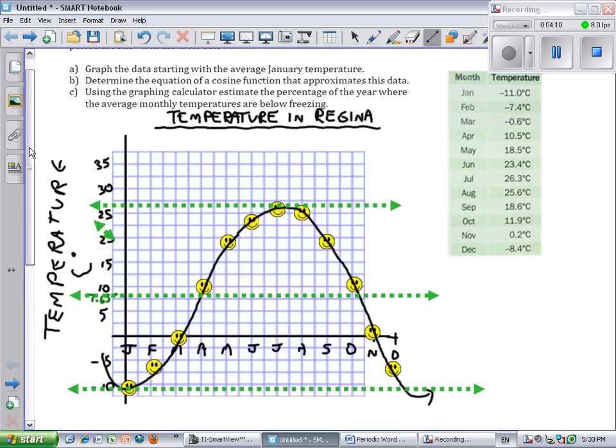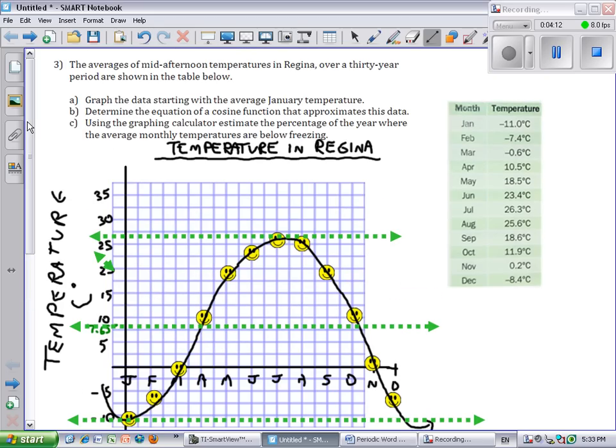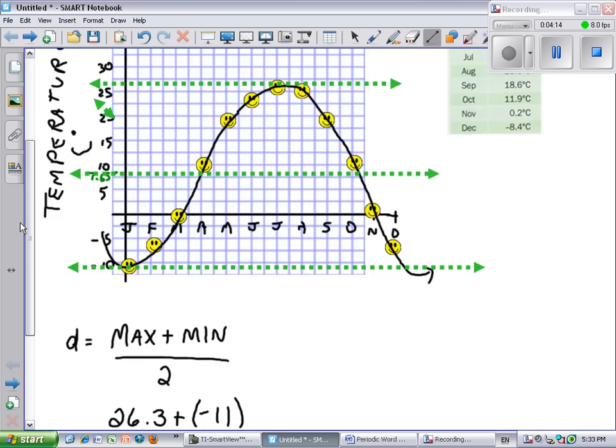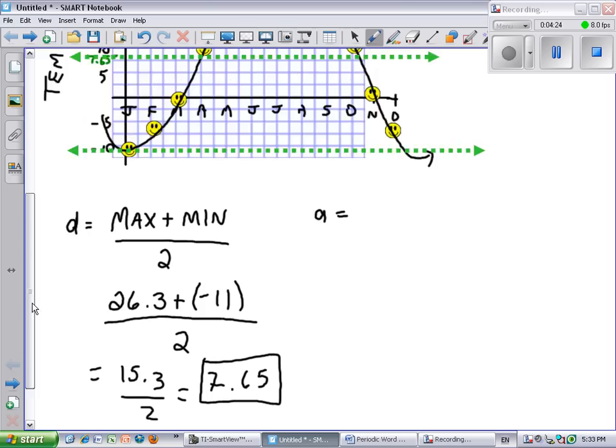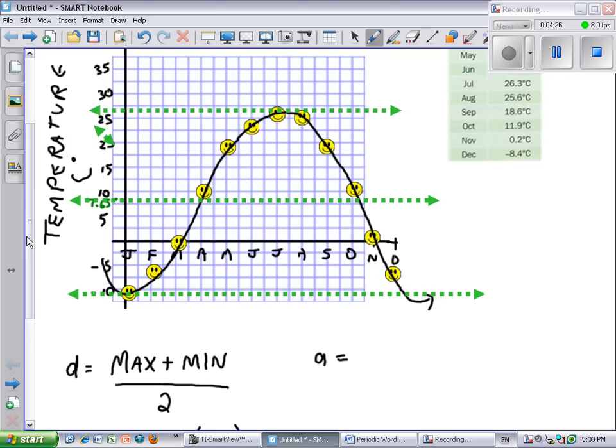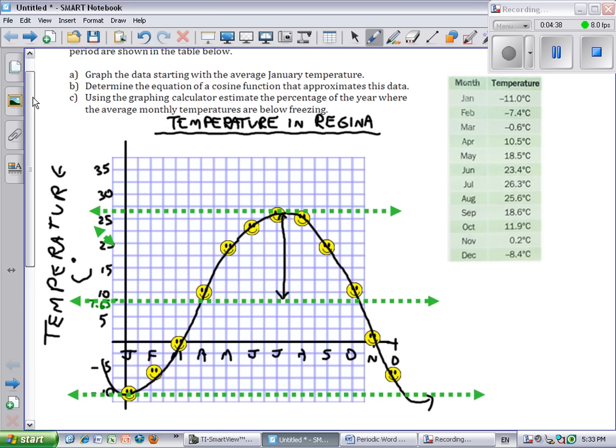So determine the equation of the cosine function. We have the D value. Now let's figure out the A value. A value is your amplitude. If we look at the graph, what's the distance from 7.65 to this maximum? So the maximum temperature, as the chart has told us, is 26.3.